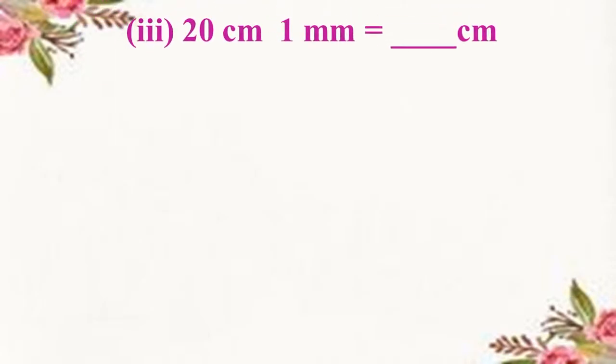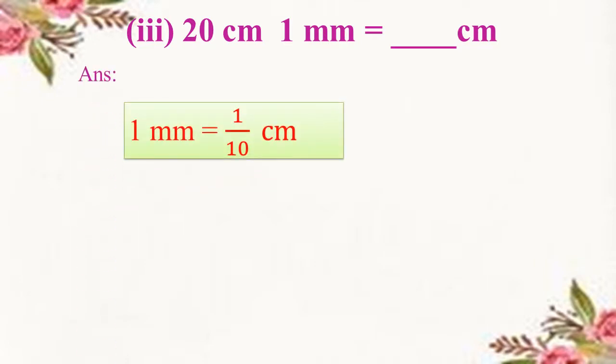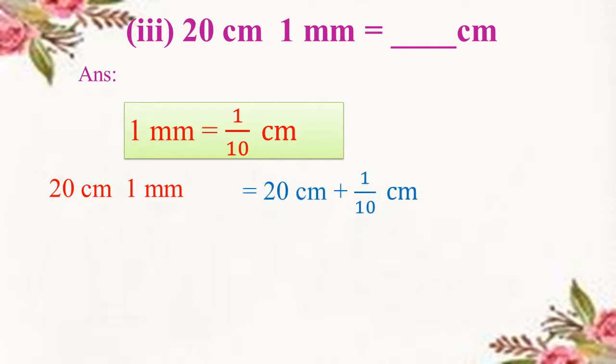Next is the third problem. 20 centimeter 1 millimeter equal to dash centimeter. So we already know 1 millimeter equal to 1 by 10 centimeter. So here 20 centimeter 1 millimeter can be written as 20 centimeter plus 1 by 10 centimeter, because 1 millimeter equal to 1 by 10 centimeter.